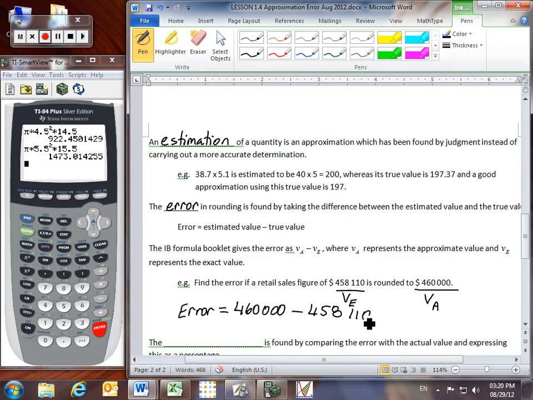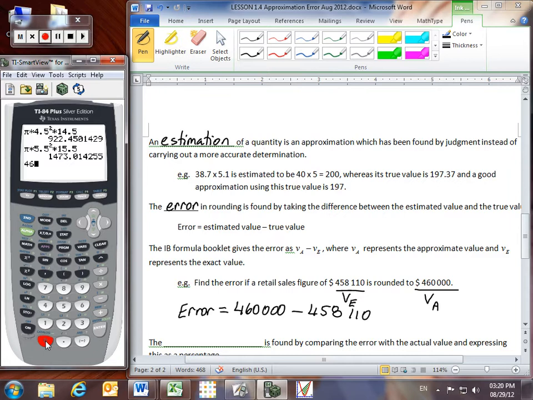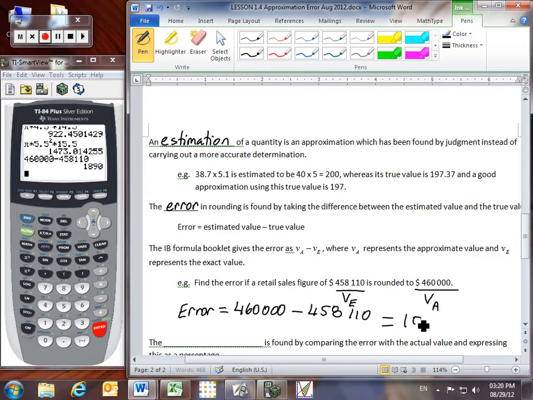Let's work that out on the calculator. 460,000 minus 458,110. And we can see that our error is equal to 1,890, and I guess I need units in here, dollars.